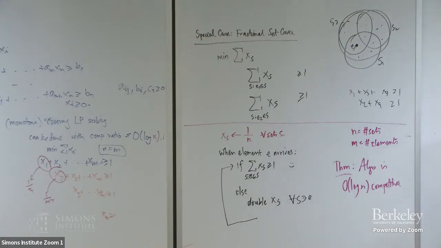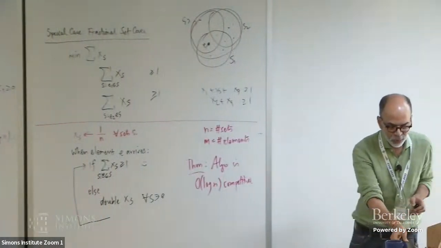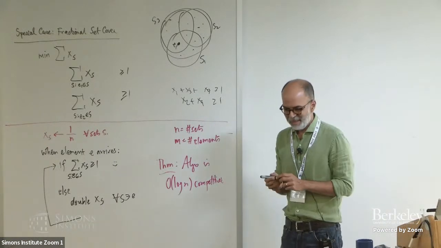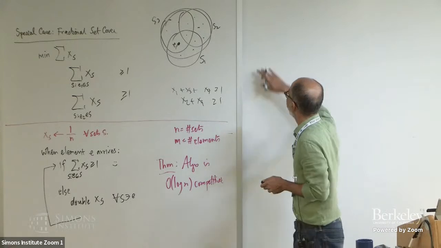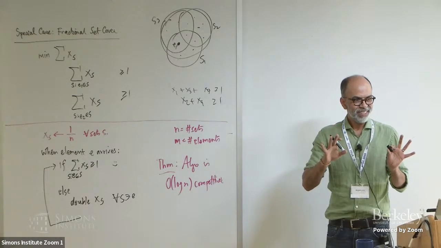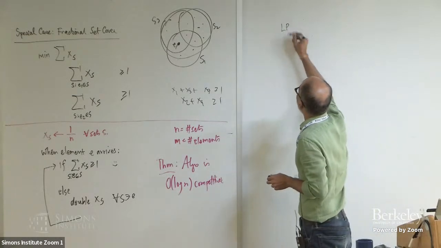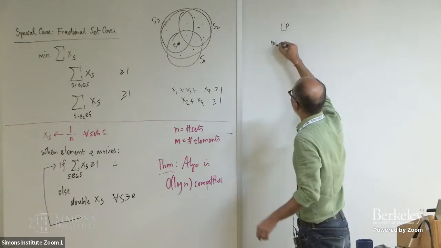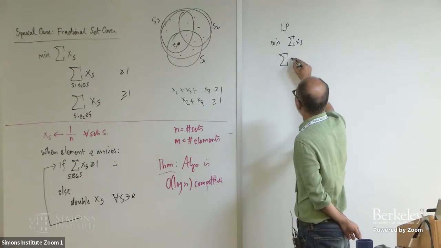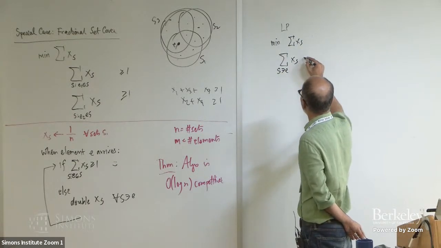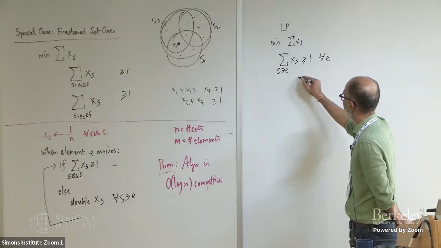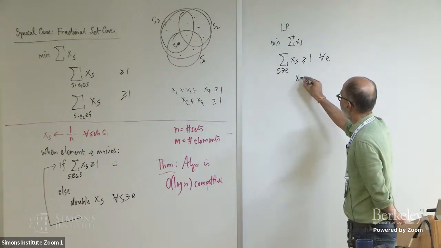So how do I analyze this guy? I know 3 ways of doing this. Since I'm going so slow, I can only do one and hint at another. But let me do one. So here's the proof. This is the time to recall LP duality just a little bit. The linear program that we are writing is: minimize summation of XS such that summation of XS over S containing E is at least 1 for all elements E which we have seen so far, and XS is non-negative.